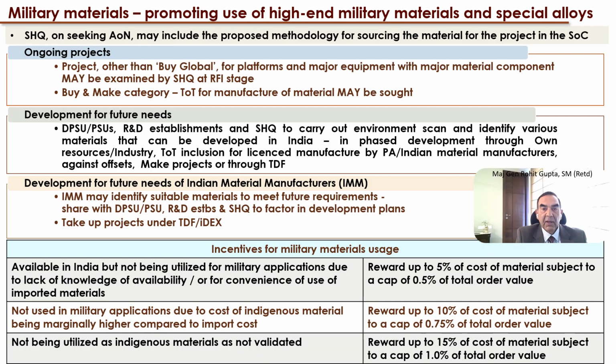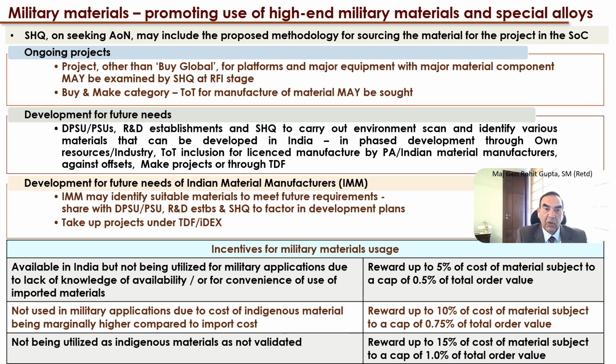Military material is an issue which is a problem in defense production. India does lack certain high-end military materials, and therefore special allowances have been made to promote the use of high-end military materials and special alloys which are indigenously available, as opposed to getting them from foreign countries. These service headquarters, on seeking the acceptance of necessity, can include the proposed methodology for sourcing these materials, where they will come from for the project, in the statement of case when they take the acceptance of necessity.